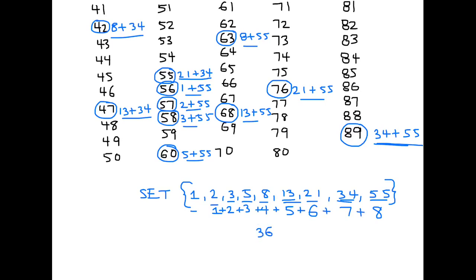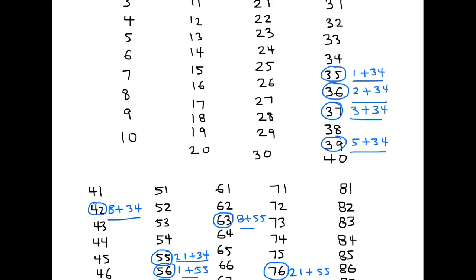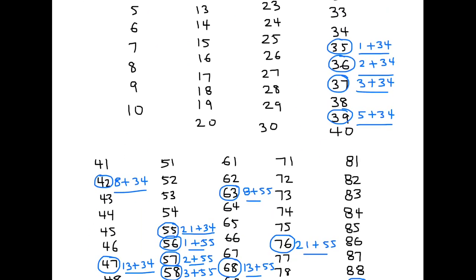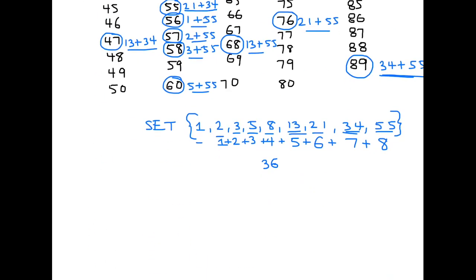Now these are the ones that are possible to create by the sum of 2 of these elements. Now that's not what the question was asking. This question was asking how many cannot be written. So all we have to do is subtract how many can be written from the total. Well, what's the total? Well, we have numbers from 3 to 89.